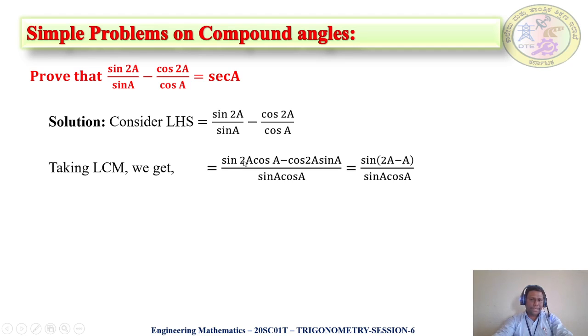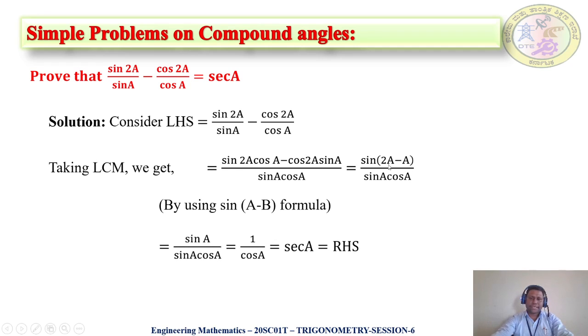It is of the form sin A cos B minus cos A sin B, and that formula is sin of A minus B. So we have used the sin of A minus B formula here. So we got sin of 2A minus A. Sin of 2A minus A is sin A, since 2A minus A is A.